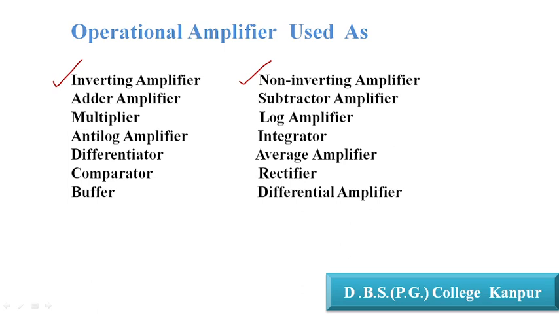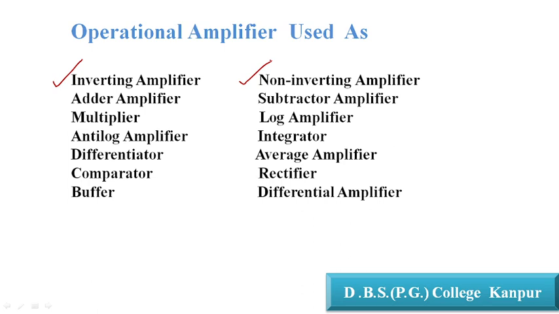Adder or summer means addition, which is performed in electronics by the adder amplifier. Adder amplifier has another name, the summer amplifier. Addition is performed in electronic devices that contain operational amplifier ICs.